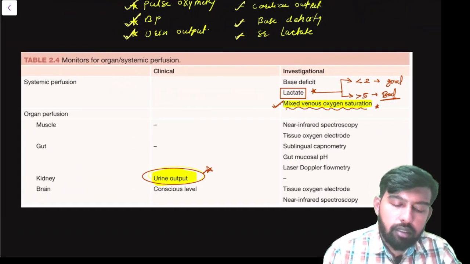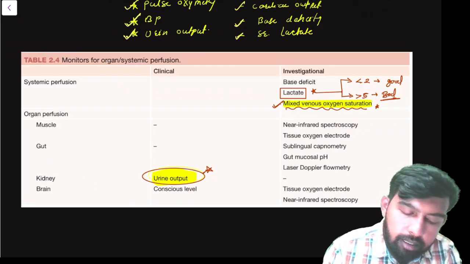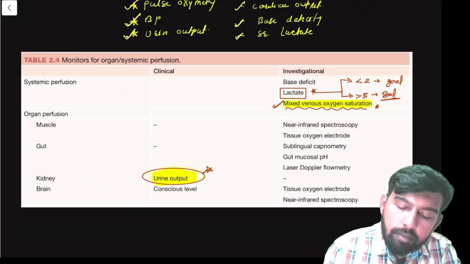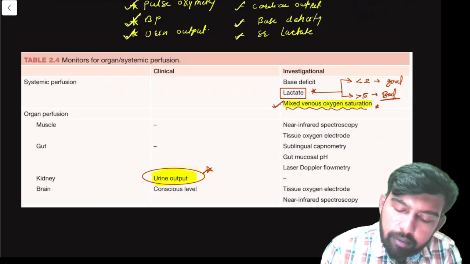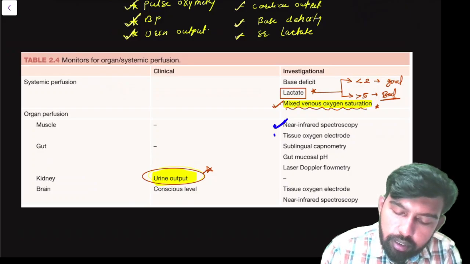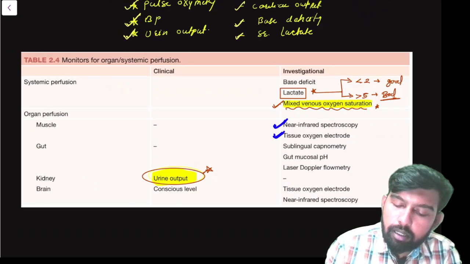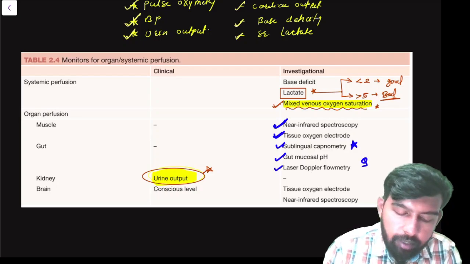And the organ perfusion can be assessed by, like, muscle is assessed by the near infrared spectroscopy, tissue oxygen electrode. GIT is assessed by the sublingual capnometry, gut pHi, and the laser Doppler flowmetry.